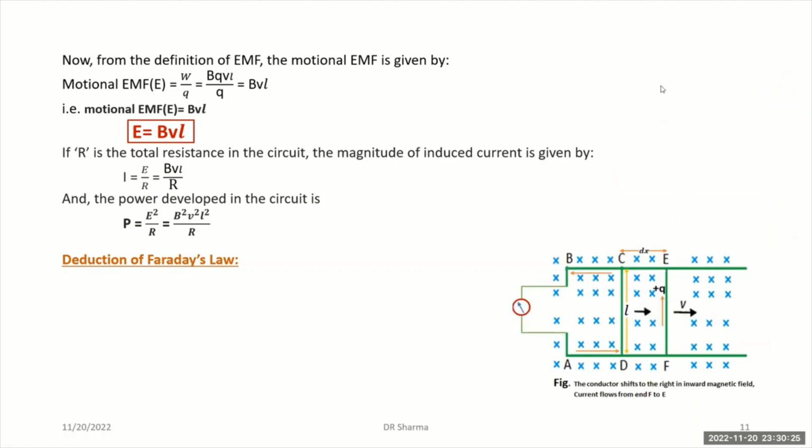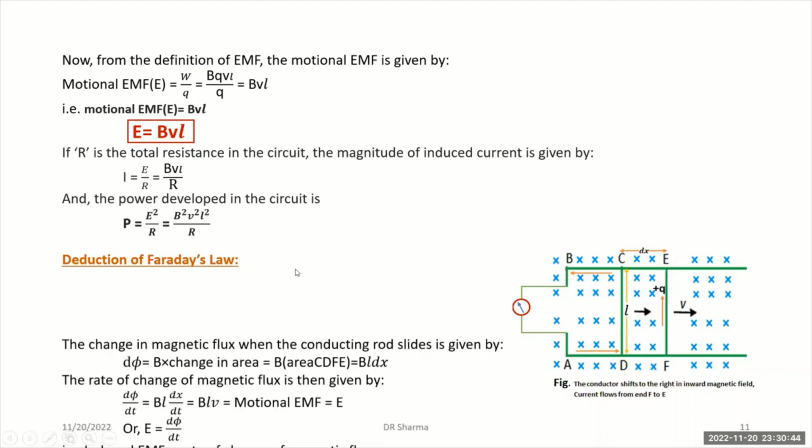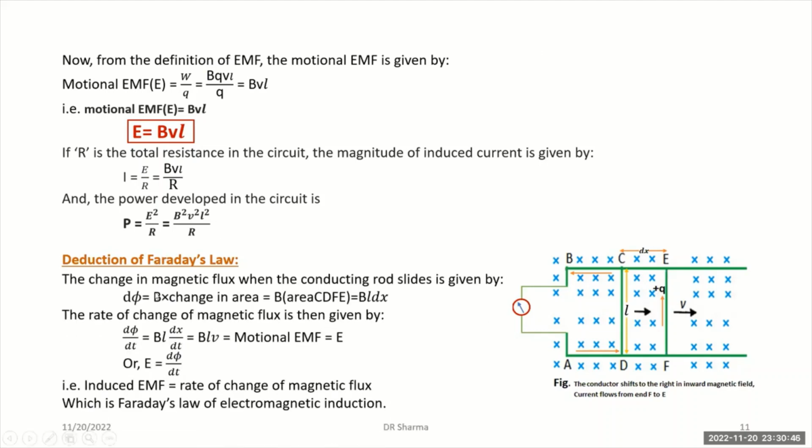The flux change is caused by the change in area, say the area swept by the conductor, which is a rectangle. So the change in area, or area swept, can be denoted by delta A, or without giving a symbol, we can write flux change is equal to B into change in area.